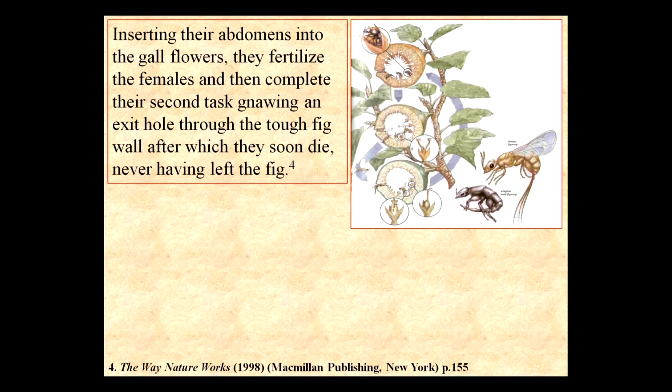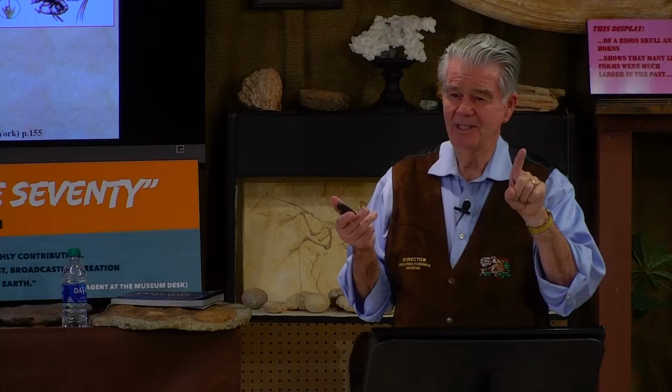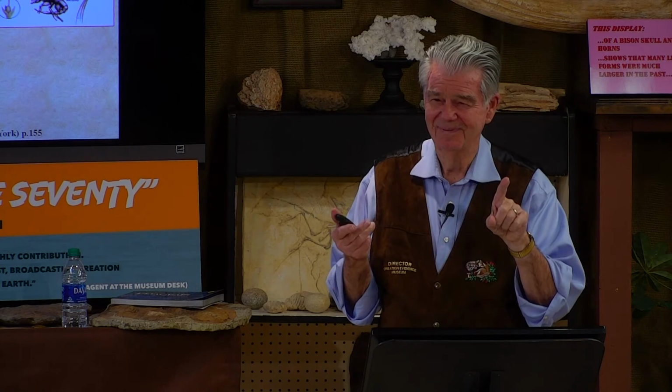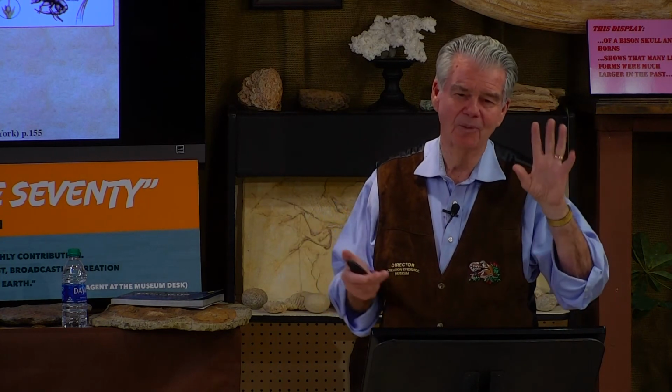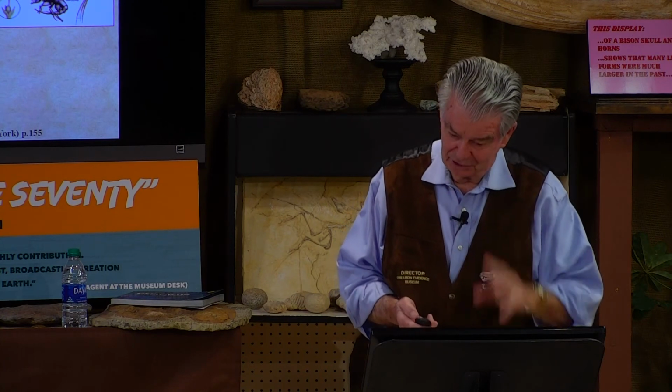So they just gnaw a little hole and they die and stay inside the fig. Did you know when you eat a fig, you're eating some fertilizer? The male wasp. But he's all broken to pieces. No problem, no problem. So watch what happens next.